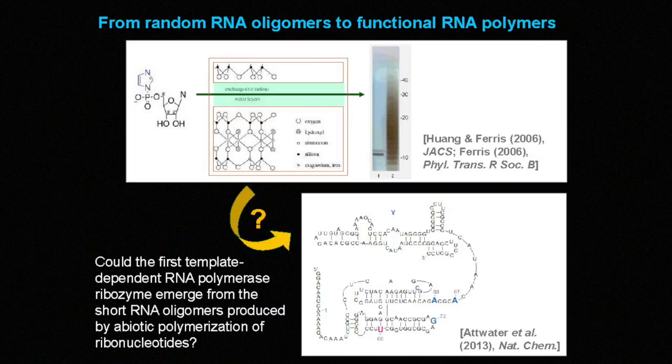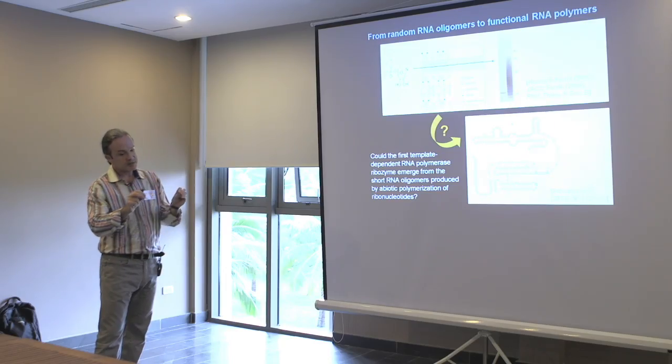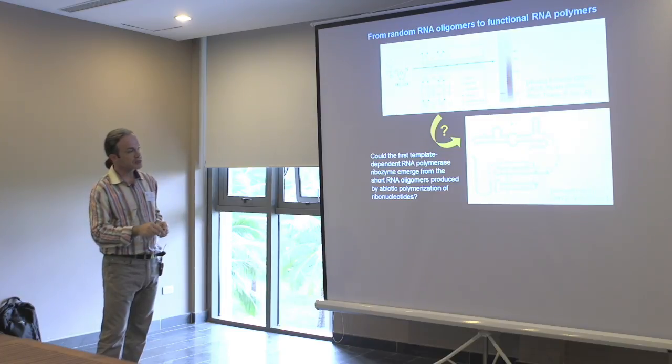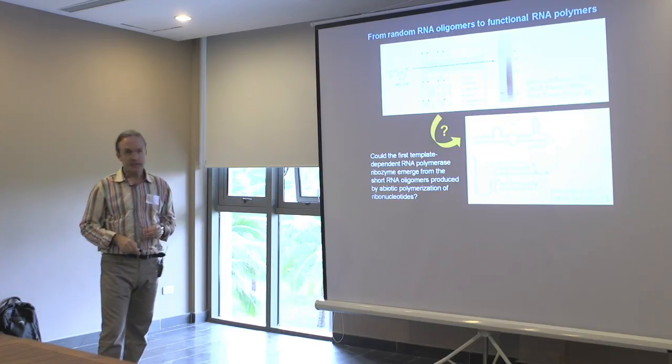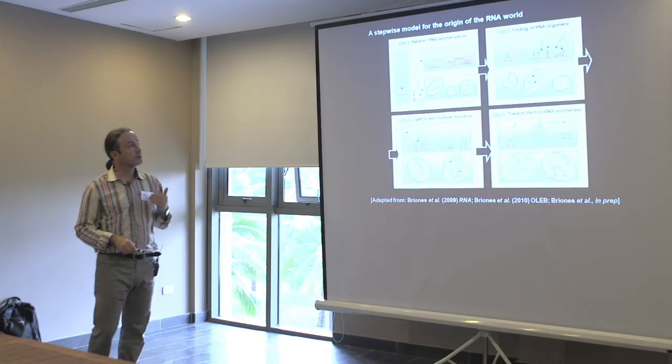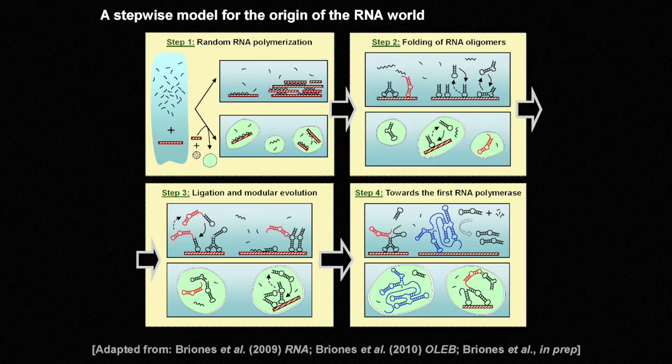Can we go from this random accumulation of nucleotides, up to 40 more or less, to a complex molecule like this? I will not go into details, but we have been working on models that can allow this, because when you fold the RNA oligomers, some of them can adopt a hairpin-like structure, and the hairpin is one of the kinds of ribozymes in nature, and hairpins are able to join different RNAs.